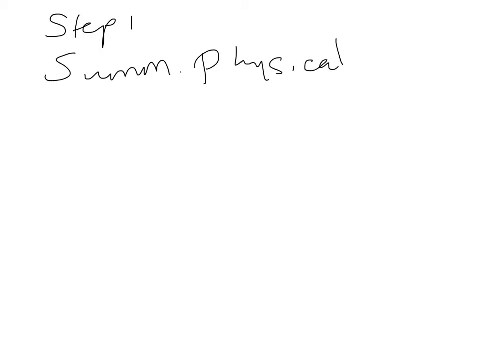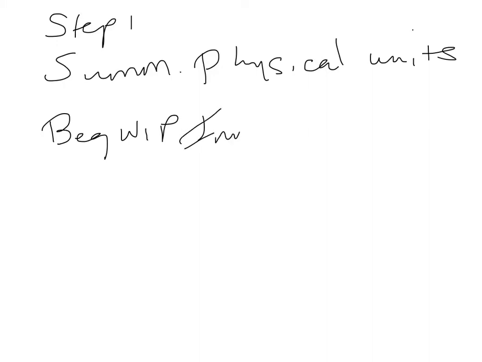So we start off our schedule of step 1, which is summarize physical units. And we do that with our beginning WIP inventory of 1,000 units.